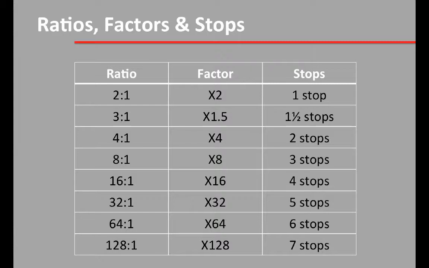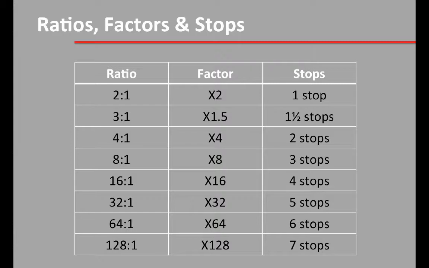So what this table does is illustrate the correspondence of those values. For instance, a ratio is expressed as 2 to 1. It has a factor of times 2, and that equals 1 stop. When I explained the concept of a stop equaling doubling, I actually used the factor times 2. It depends on what you're actually describing in a photographic context as to what value you might use.